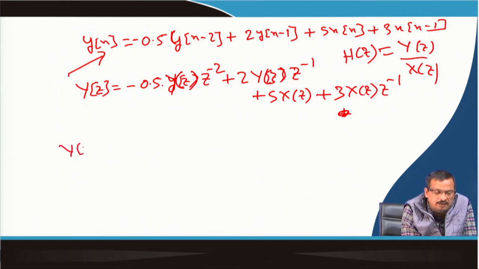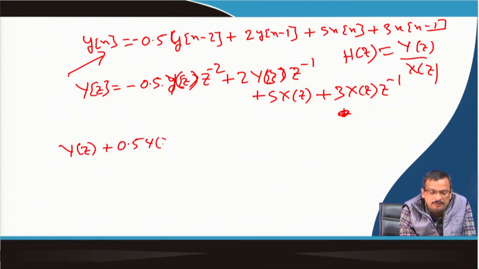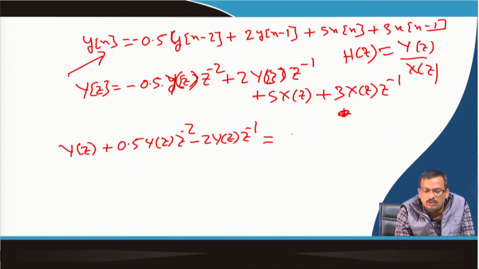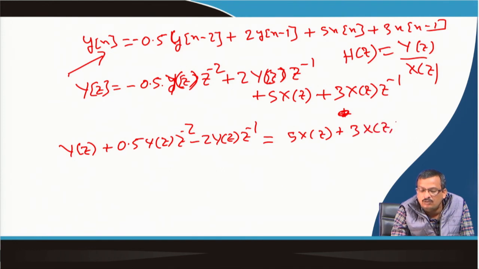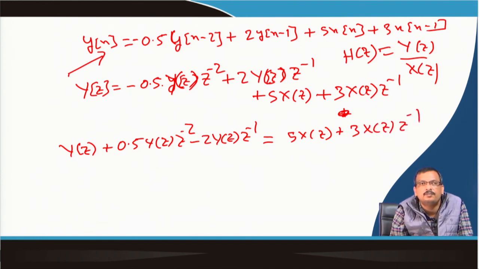Now, I put the Y this side. So, Y(z) plus 0.5 Y(z) into z to the power minus 2 minus 2 Y(z) into z to the power minus 1 is equal to 5 X(z) plus 3 X(z) into z to the power minus 1.